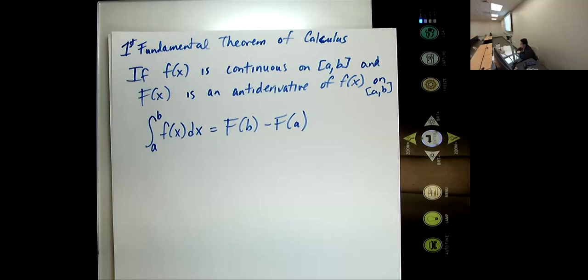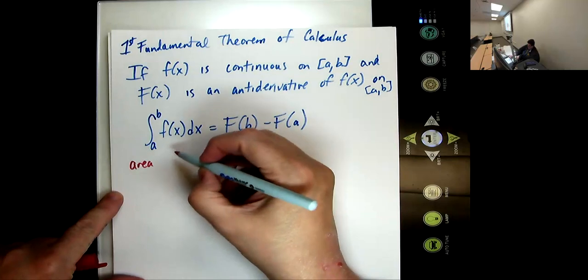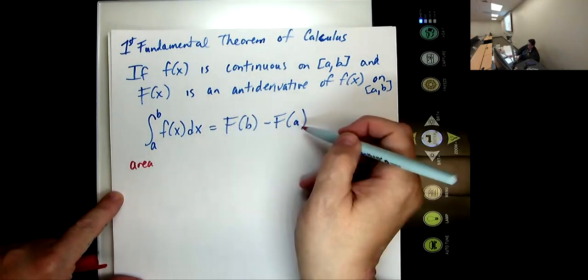That's crazy. The area under the curve only amounts to what the values are at the endpoints. It's mind-blowing. Well, these are different functions, mind you.